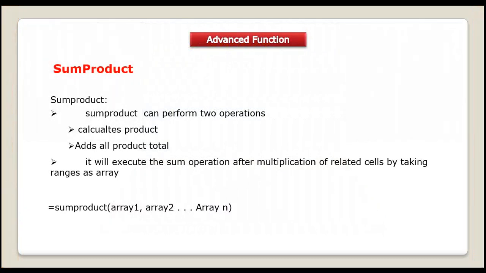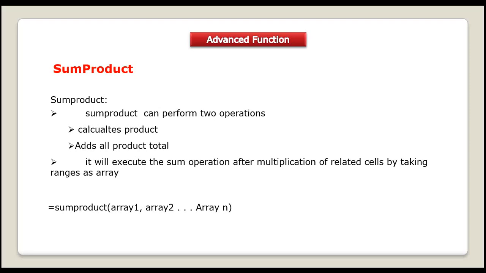Coming to the first one, it's SUMPRODUCT. Actually SUMPRODUCT is a single function, but it can perform two different operations. As we know, the product function is used to multiply the objects in the given range.